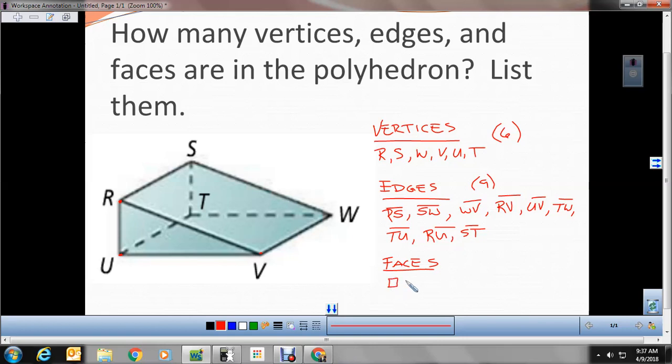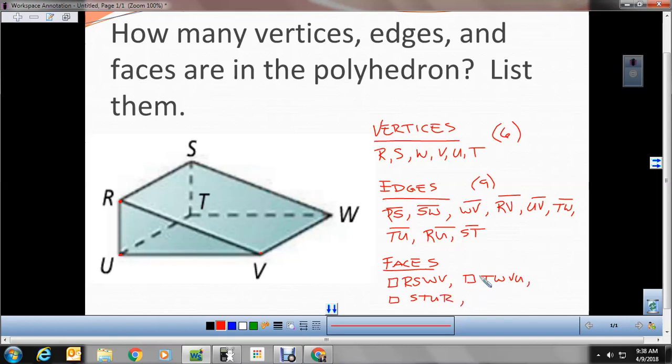So we have a rectangle here that's going to be R, S, W, V. Now, we also have the bottom face, which is also a rectangle, which is T, W, V, U. That covers the top and the bottom down here. We have now the back side here, which would also be a rectangle. That's going to be S, T, U, and R.